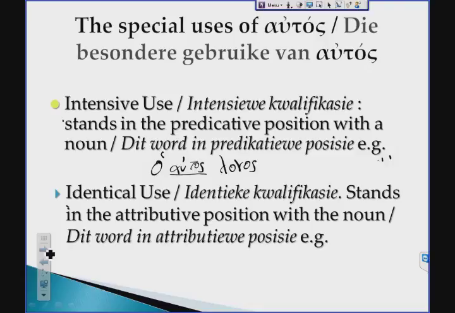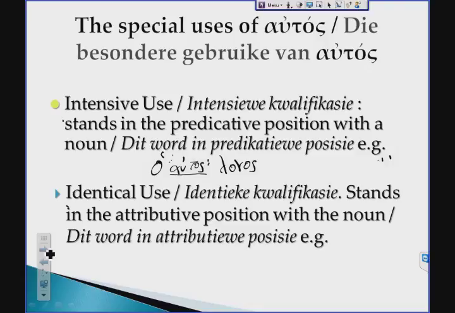Okay? Because it stands in the attributive position with the noun, it is qualifying. Okay? We have another example. He agape, he after agape. Or he agape, he after. Attributive. Okay?